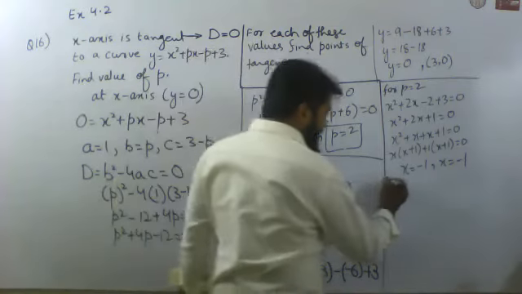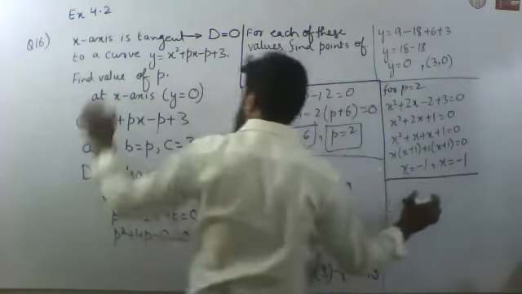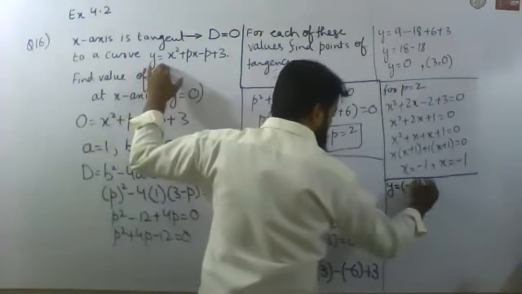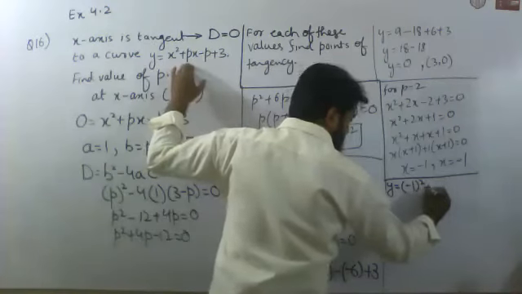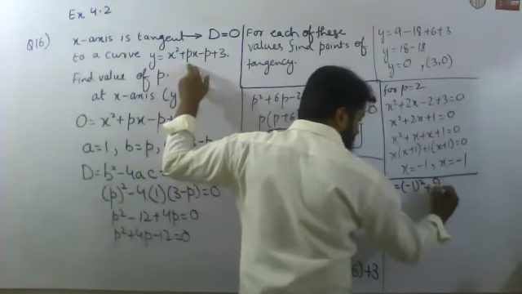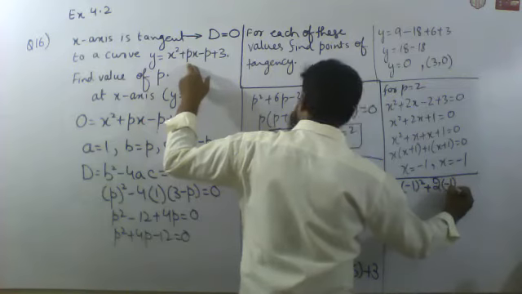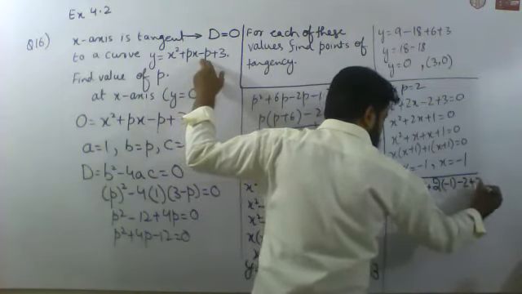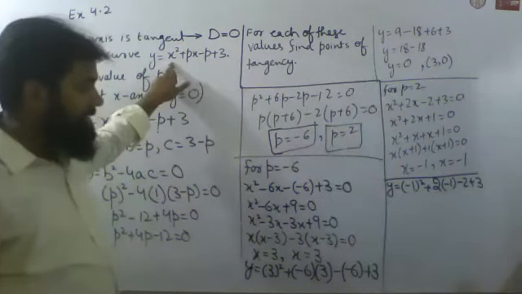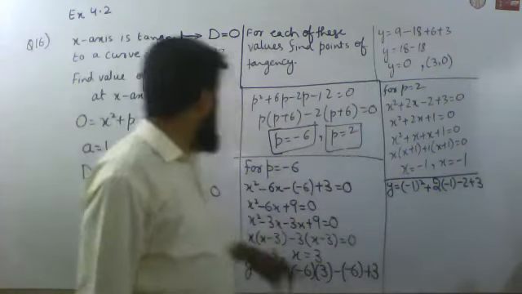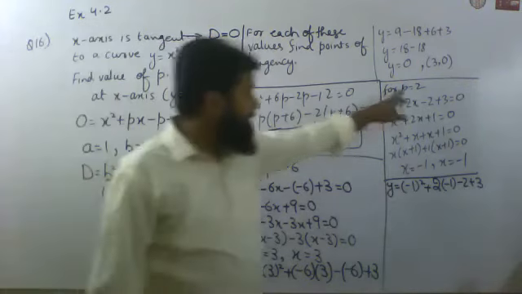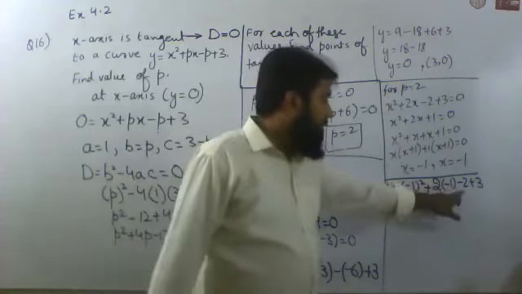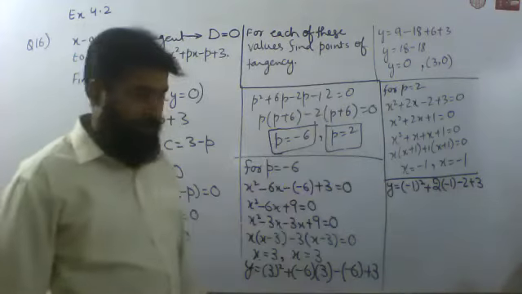Final thing, I have got the value of x. I will plot it in this equation. Y equals minus 1 whole square plus, in place of p, I will write 2 into minus 1, minus 2 plus 3. X square means minus 1 whole square, plus p means plus 2 into minus 1, minus p plus 3.